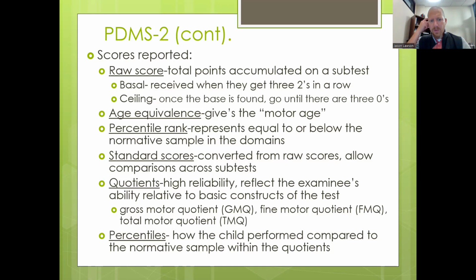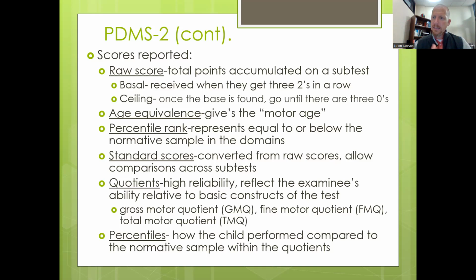What those are is they're combining sections like grasping and visual motor integration, and saying those two test constructs combine and measure fine motor skills. Or these three sections combine and measure gross motor skills.